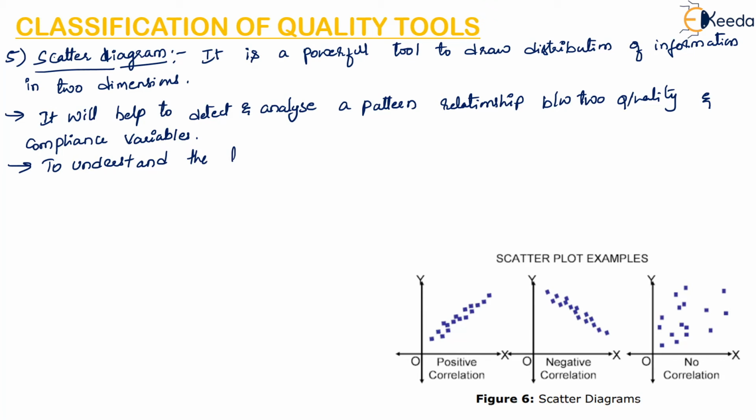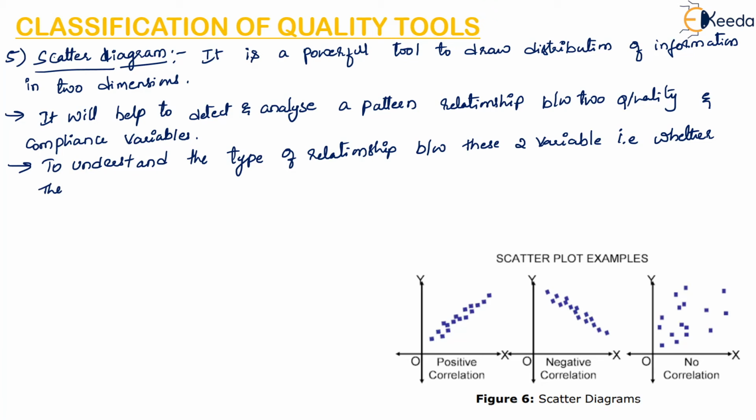We understand the type of relationship between these 2 variables: whether the relationship is weak or strong, or whether it is positive or negative.